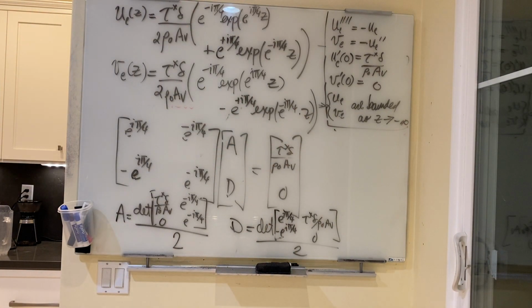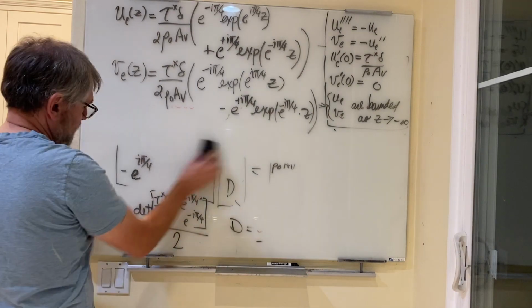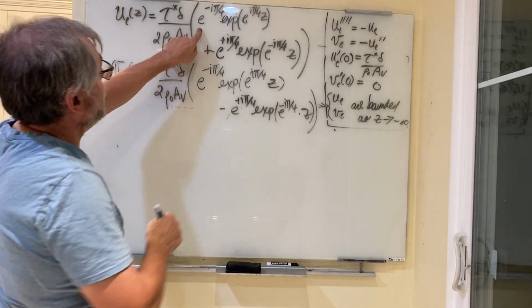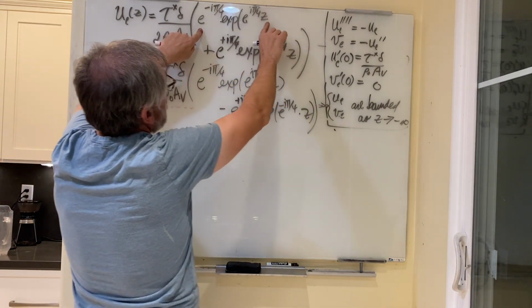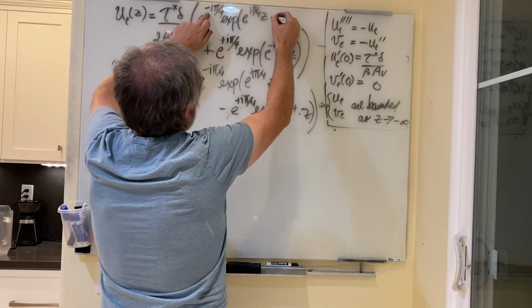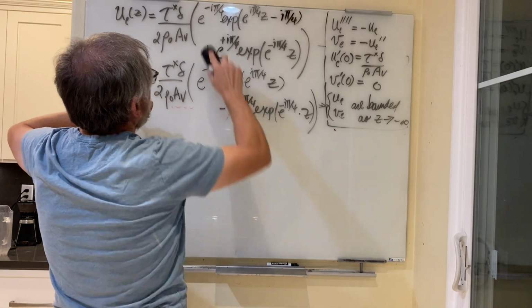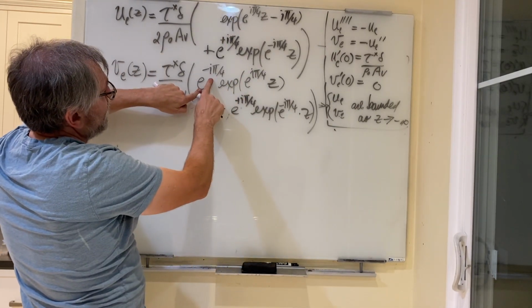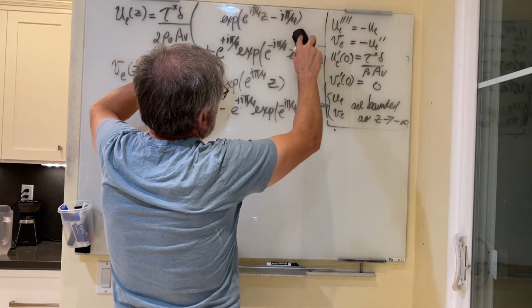Alright, and then we can clean that up a little bit. One thing we can do is, this is an exponential times an exponential, so we can add the exponents. So I can bring the minus i pi by 4 inside the exponent with the i pi by 4 over here and erase that. Similarly, in this one I could bring this inside, so it's not on the outside.